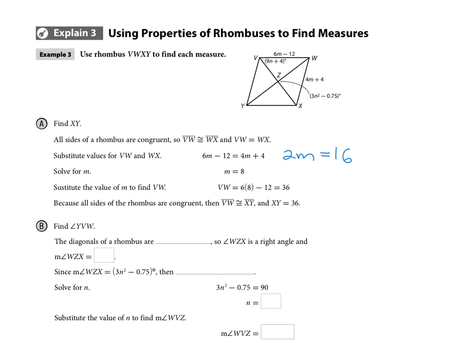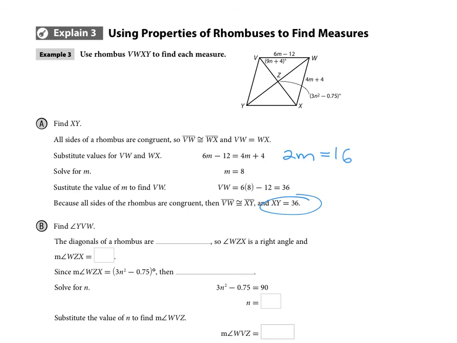We need to make sure we substitute that variable back into the length for VW. So we have 6 times 8 minus 12, which gives us 36 for our answer. And then if VW is 36, then all the sides are 36. So we have our answer finally that XY is 36.